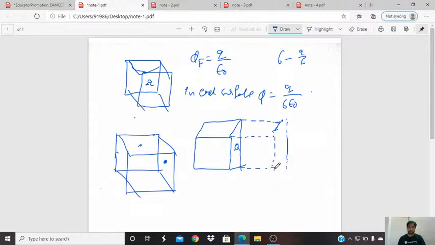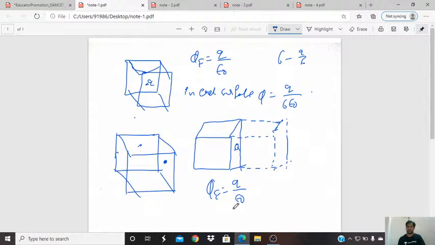Now the charge is on the side, so it is outside. To find the flux, imagine another identical Gaussian cubical surface here. Now to close this, these two are enough.